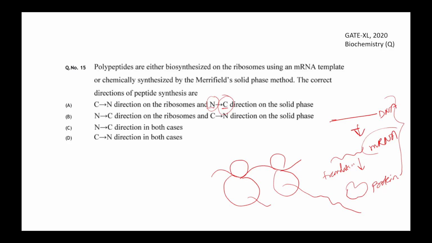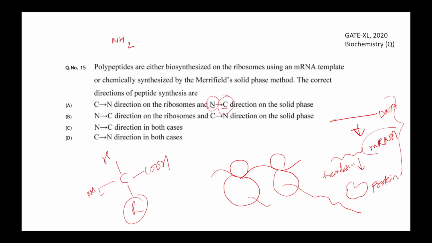Amino acid has all of these, right? If you see the basic structure of an amino acid, this is the carboxy terminal, hydrogen, and the R group. This is the basic structure. So they make a peptide bond, right?